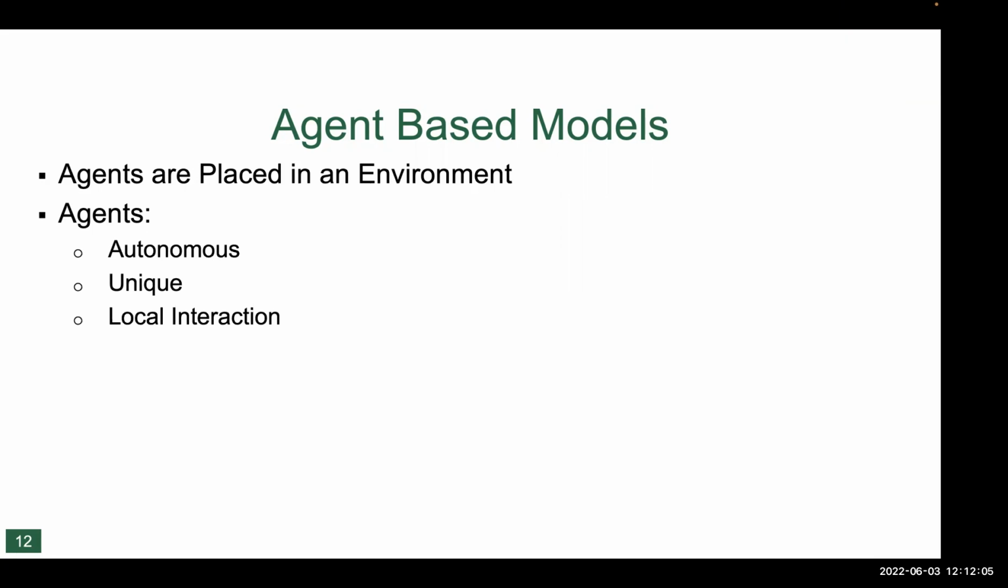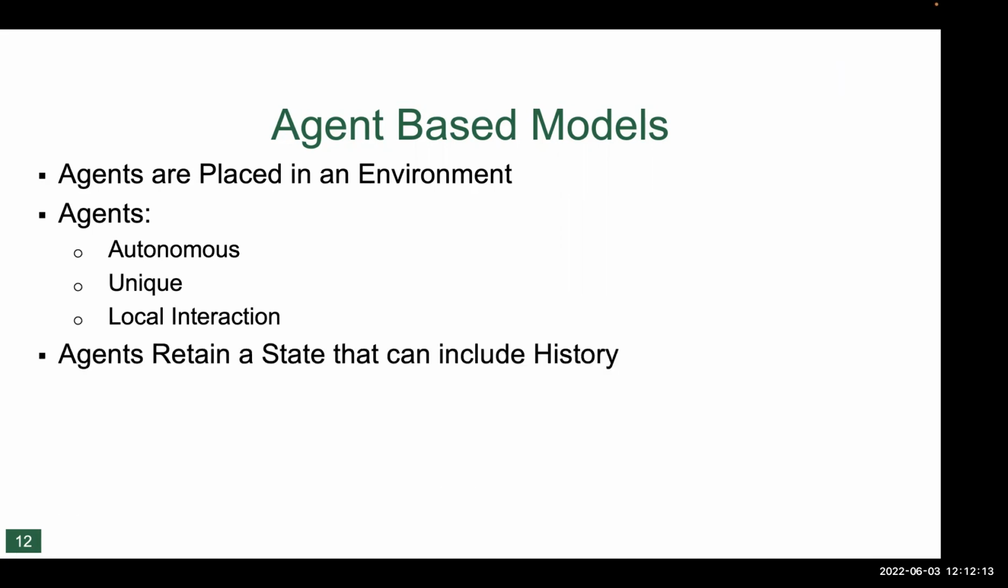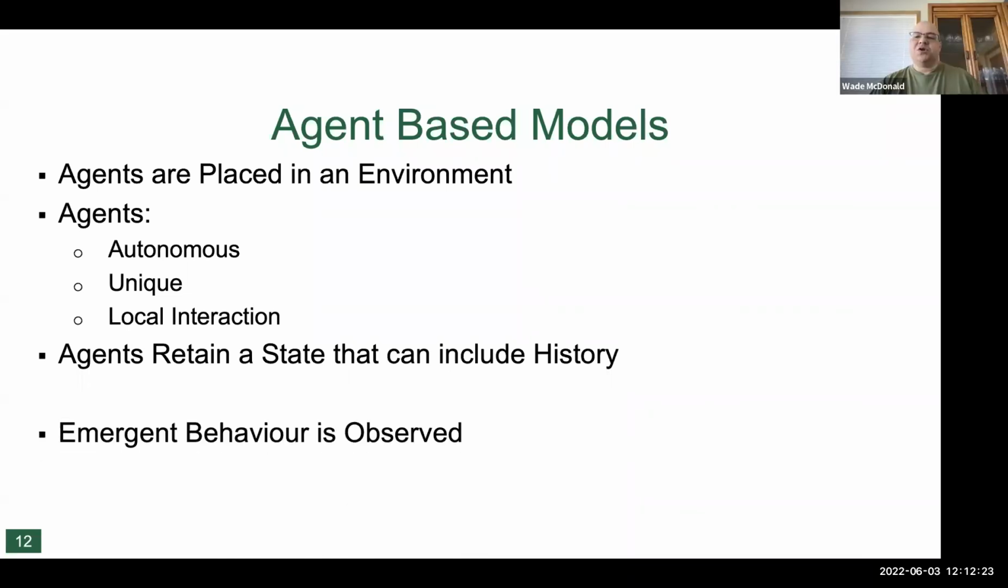And they locally interact with their environment and other nearby agents. Agents can retain a state that can include their history, and our interest in constructing an agent-based model is observing emergent behavior.